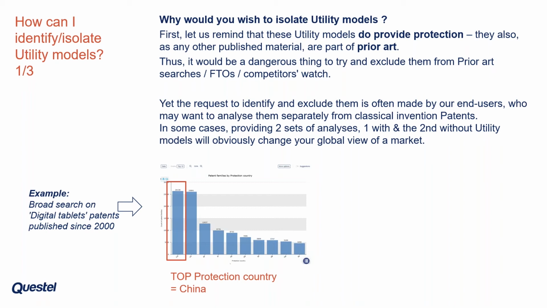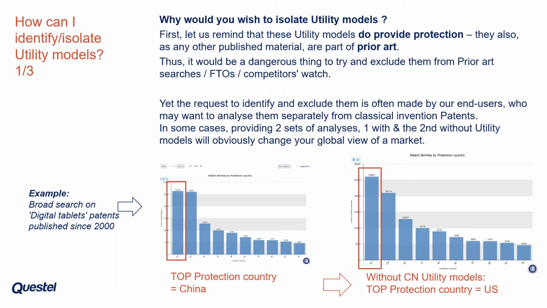As you can see here, the major protection country is China. Then, if you remove Chinese utility models from your search, you can see that major protection country is now the US. Once again, in terms of analysis of the type of protection granted, this is enlightening.